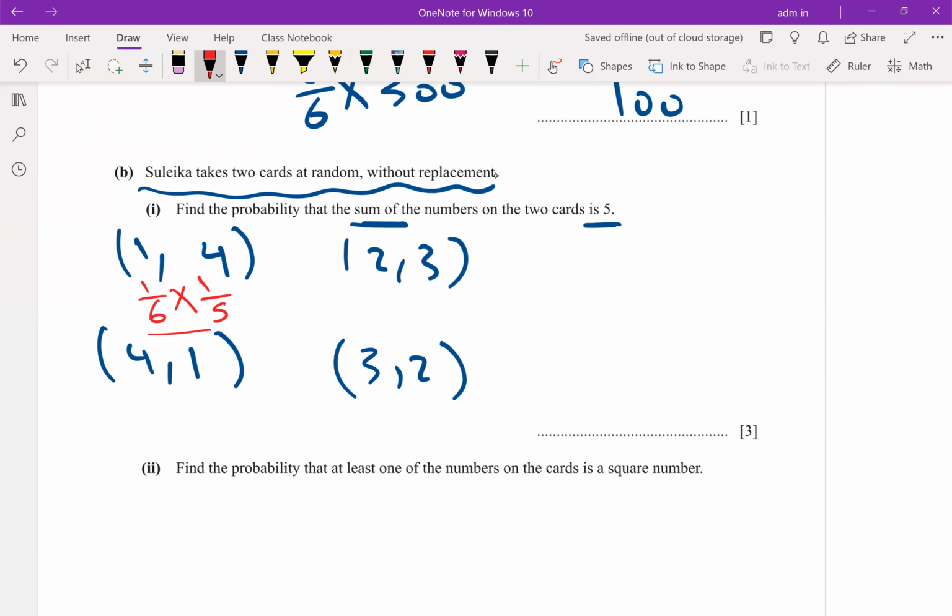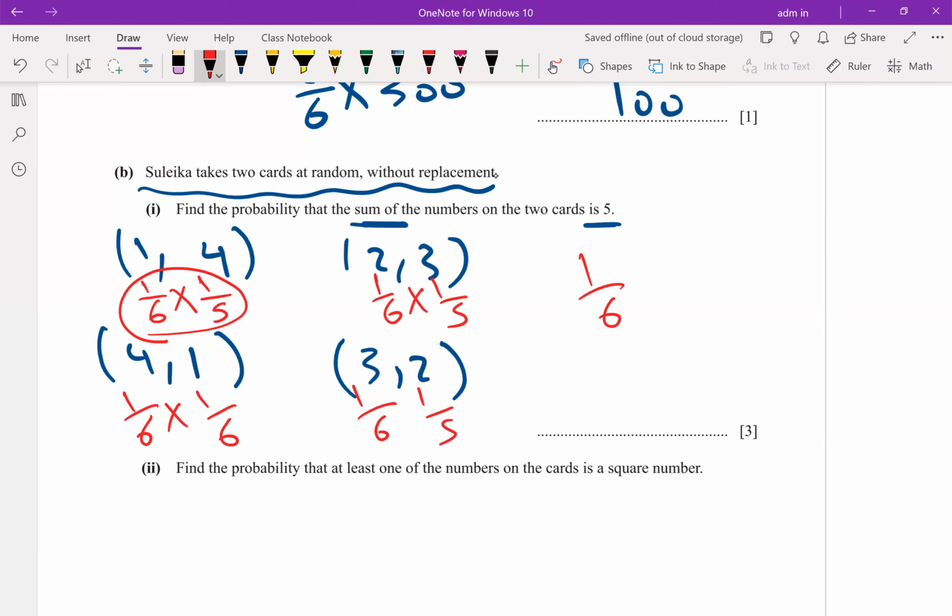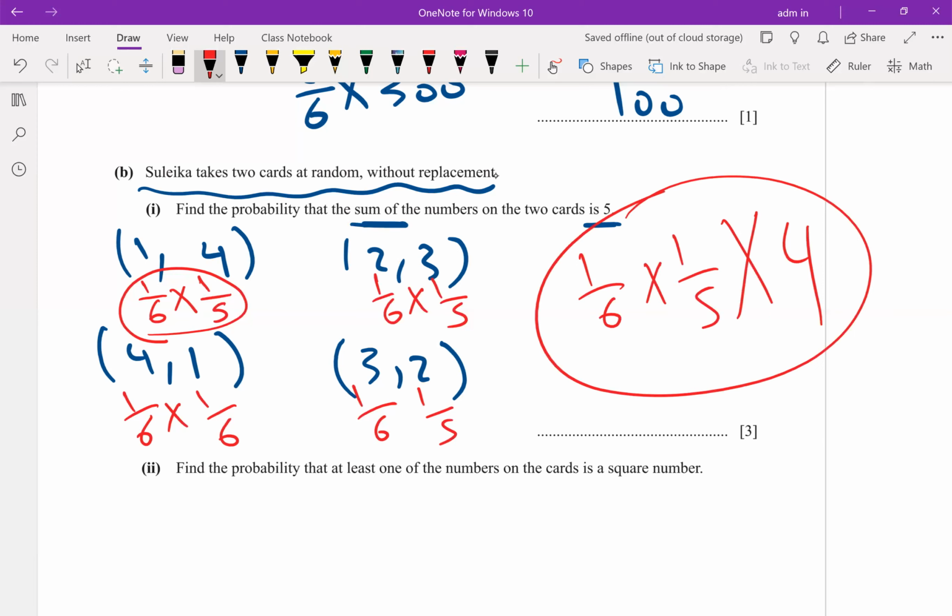You can find one of them because the probabilities are the same, right? So you can find 1 out of 6 times 1 out of 5 multiplied by 4. You will get your final answer, 4 over 30, or simplified 2 out of 15.